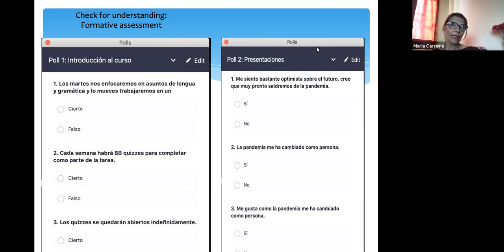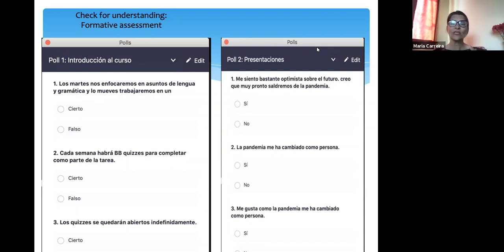The poll on the right is one I gave the second day of instruction. There, I wanted to preview a project that my students are currently working on. And that project involves documenting the effects of the pandemic on Latinos in Southern California. This poll, unlike poll number one, doesn't have right or wrong answers.